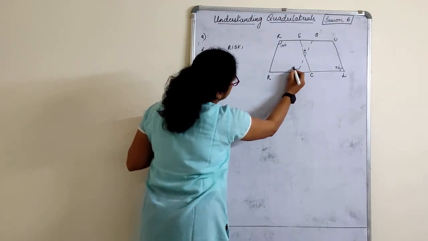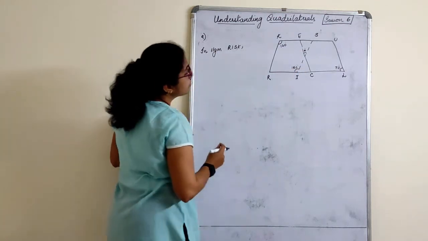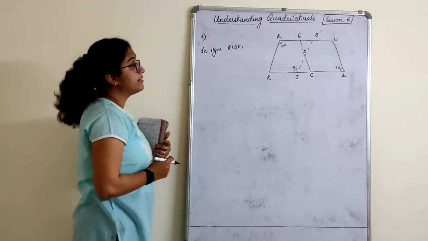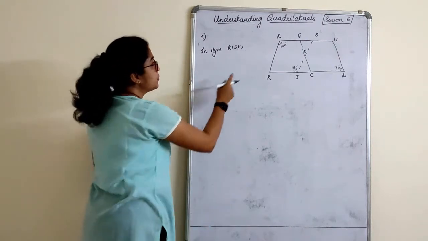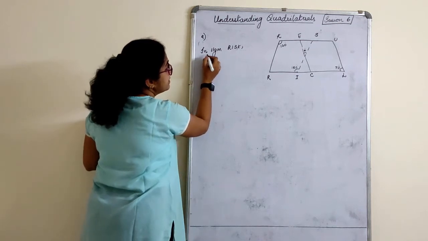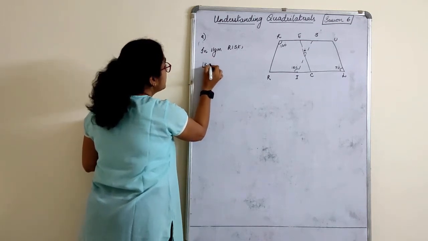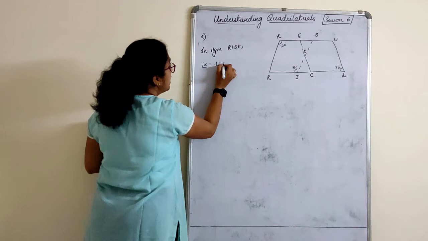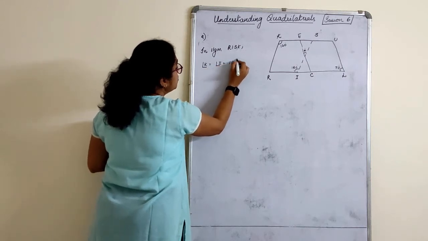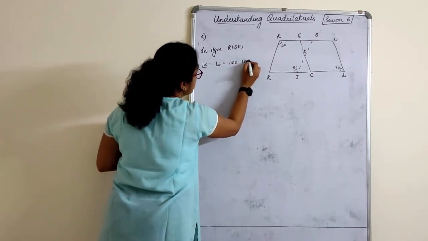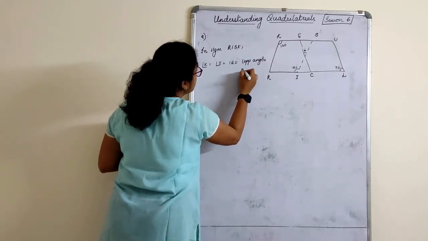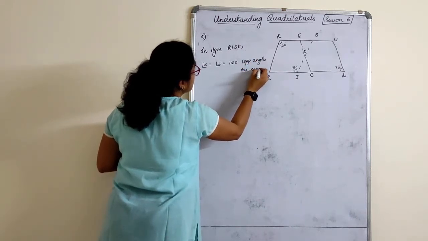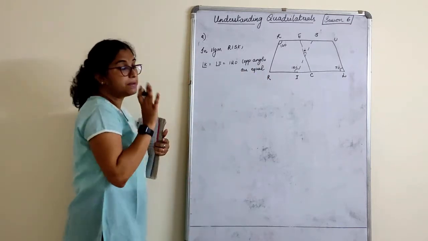It is 120. So first we will write angle K is equal to angle I is equal to 120 degree. Opposite angles are equal.